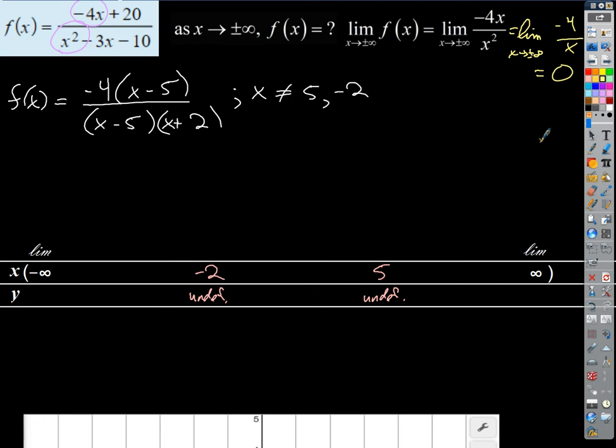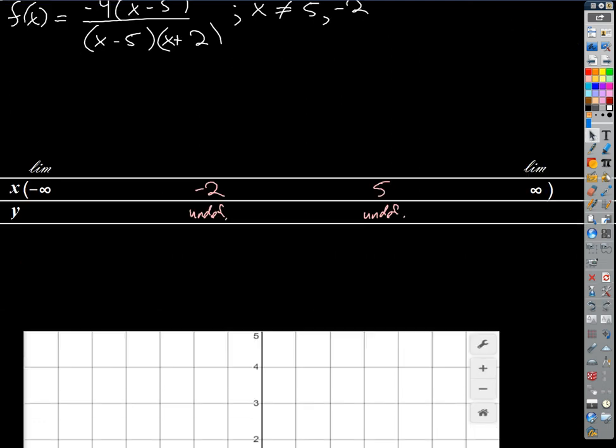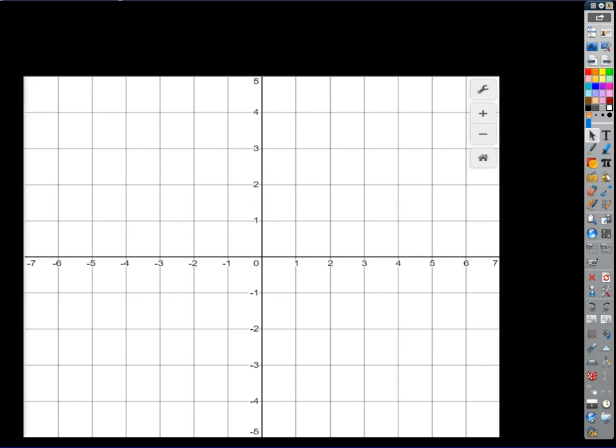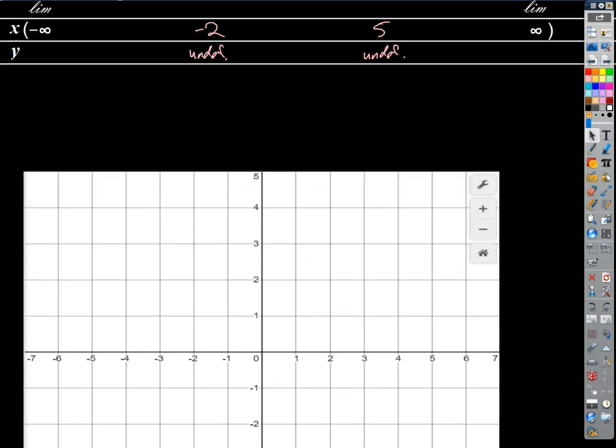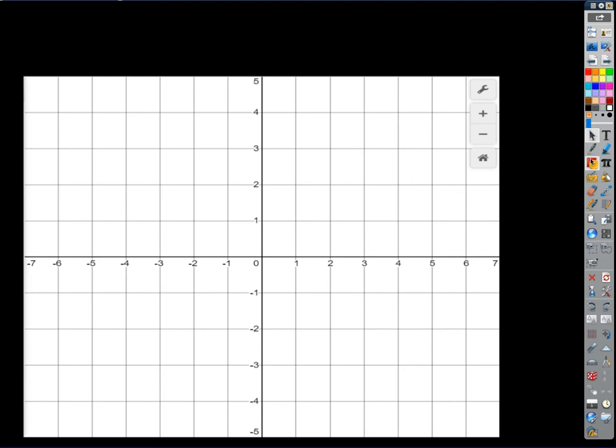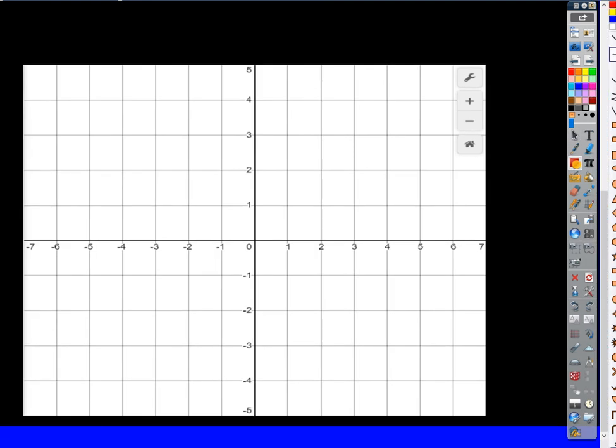So we say then that the function has what's called a horizontal asymptote. And we can put that in there. There's our horizontal asymptote. The horizontal asymptote is the line y equals 0.